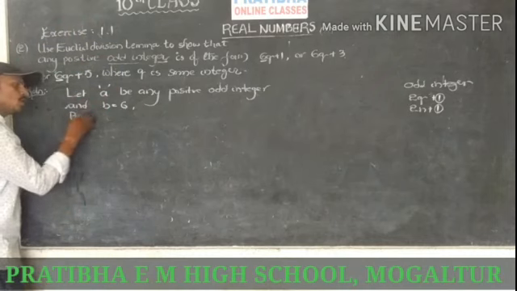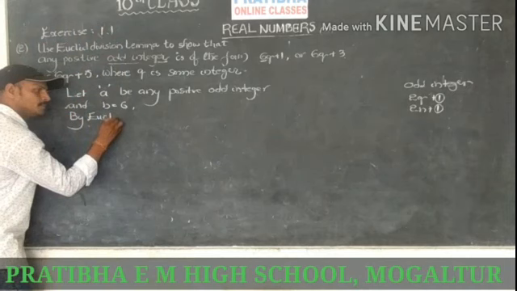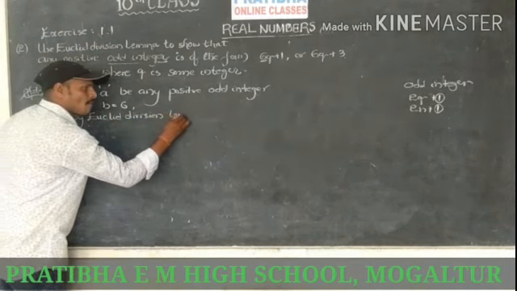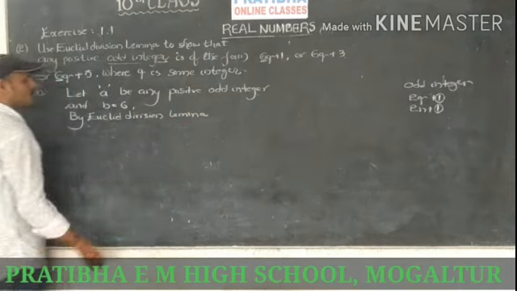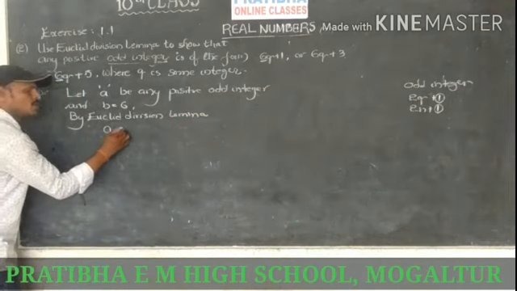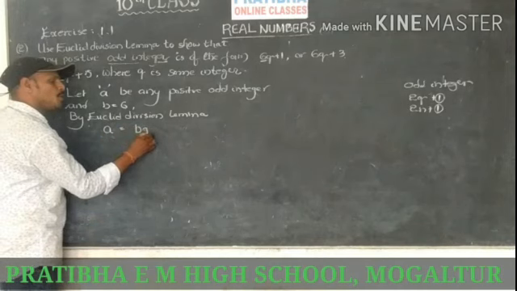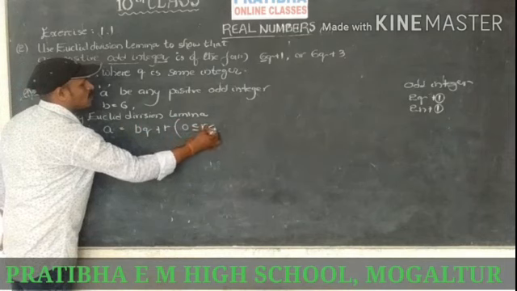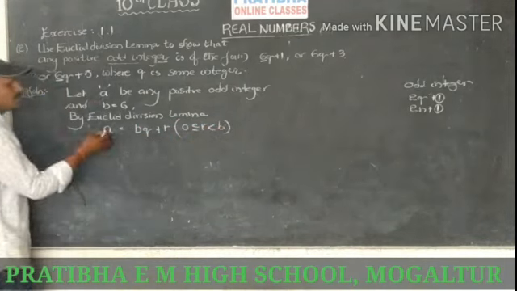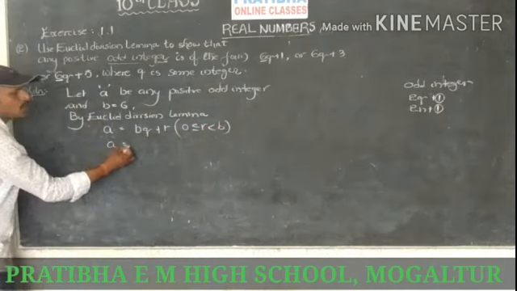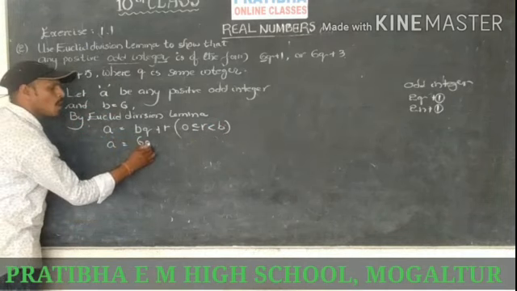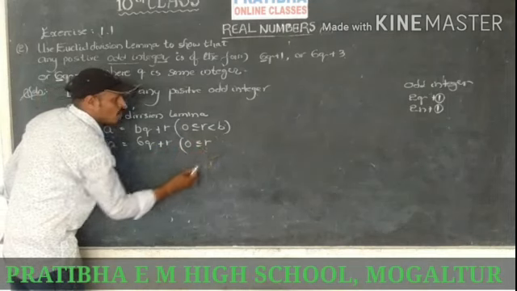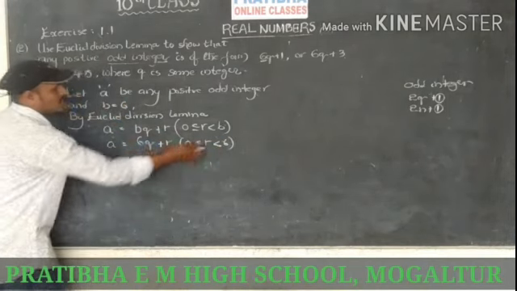By Euclid's division lemma, what is Euclid's division lemma? a is equal to bq plus r, where 0 is less than or equal to r and r is less than b. Just apply: a is equal to 6q plus r, where 0 is less than or equal to r and r is less than 6, since b is equal to 6.